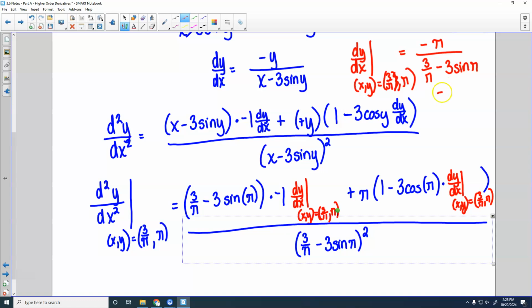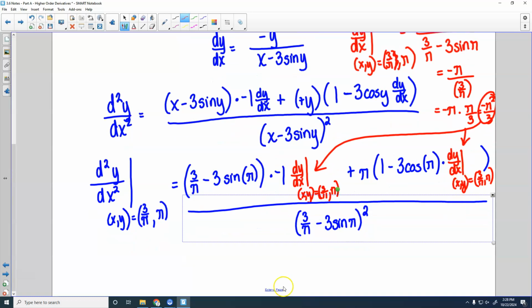It is 0. So that is going to be negative pi over 3 over pi. And how do we divide fractions? Easy as pie. Flip the second and multiply. So that's going to be pi over 3, and that will give me negative pi squared over 3. So this can go in both of these spots right here.